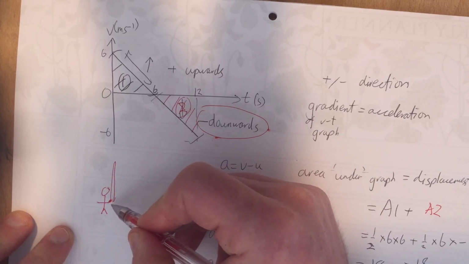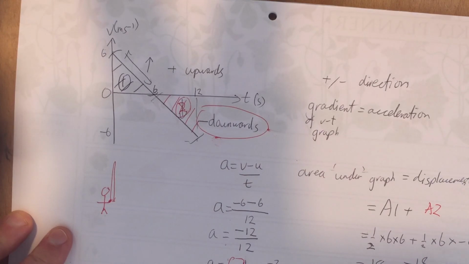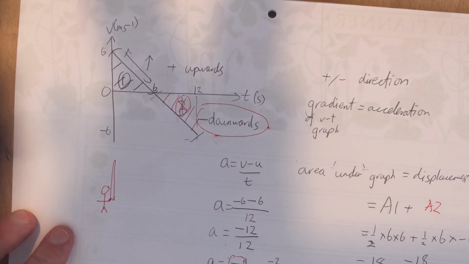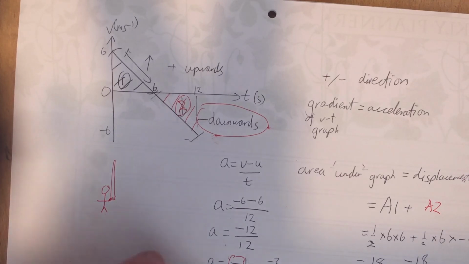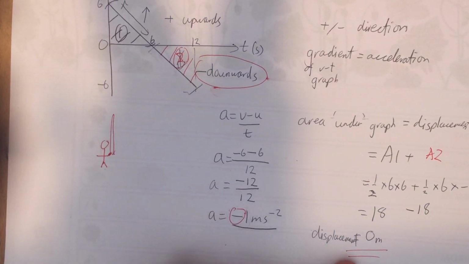So the displacement, which is between the beginning and the end of the journey, is 0. So the maths here actually tells us what's going on. And that's a good thing about Higher. Sometimes it's very hard to actually guess what's going on, but the maths here should tell you. The displacement here is 0.